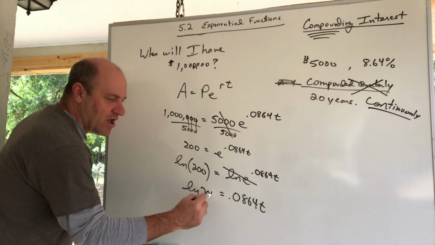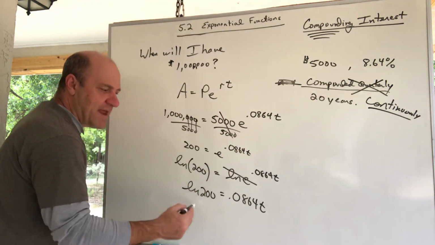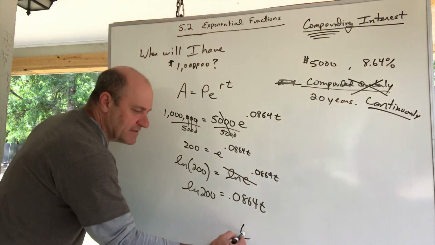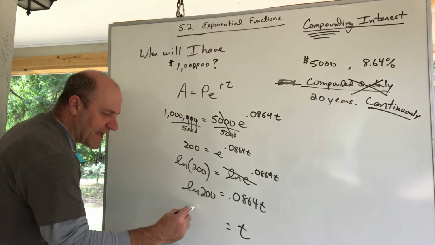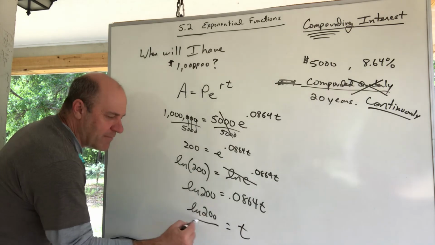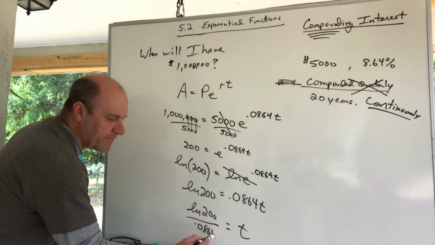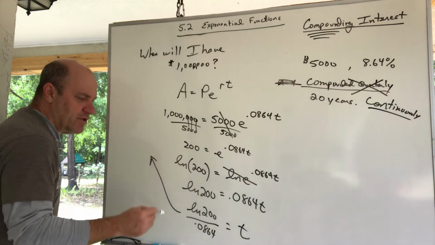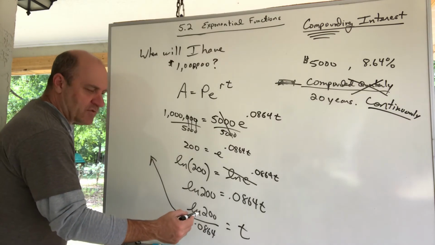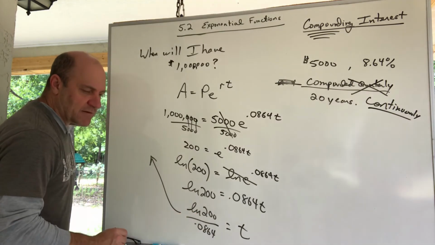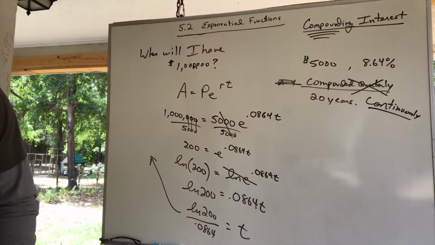Now anybody can solve for t. This is the natural log of 200. You would divide by that decimal, and t is the natural log of 200 divided by 0.0864. Now be careful how you do that. You do your numerator first. You do the natural log of 200, then you divide by that decimal. You pick up a calculator.